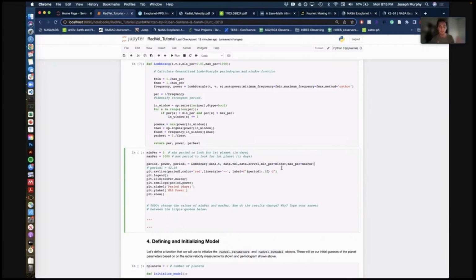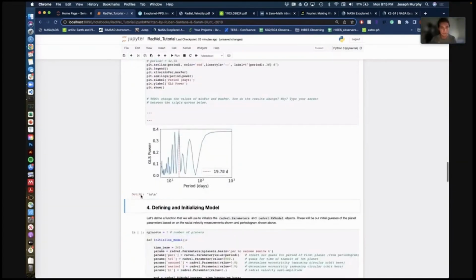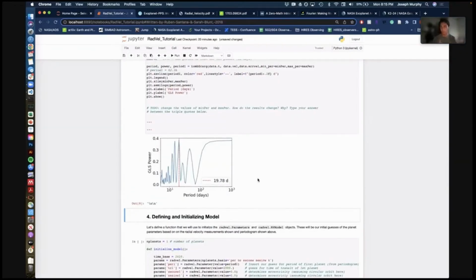I'm going to tell it the minimum and maximum periods I want to search through. And for the maximum period, I want to plot a line and label it to tell me what peak I see in the data. And if I do that, it looks like there is a peak at about 20-ish days.